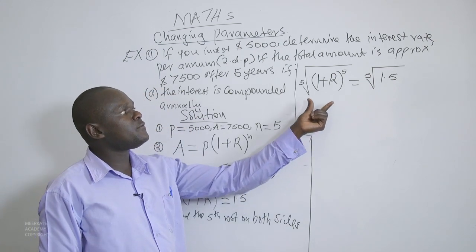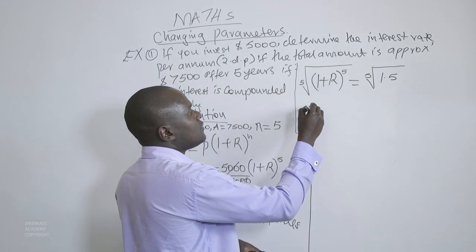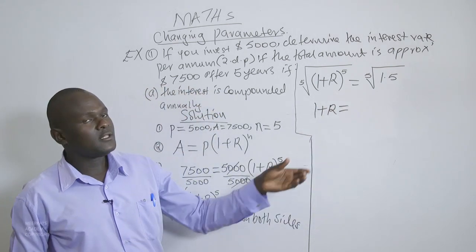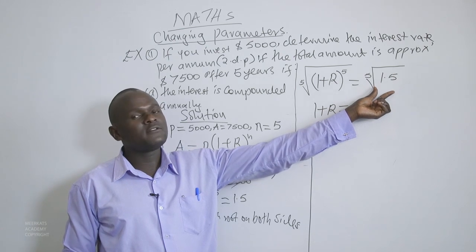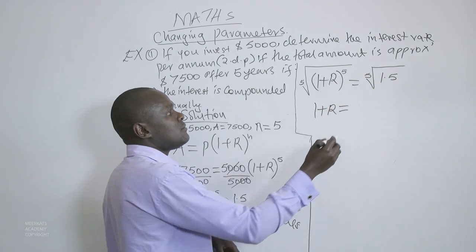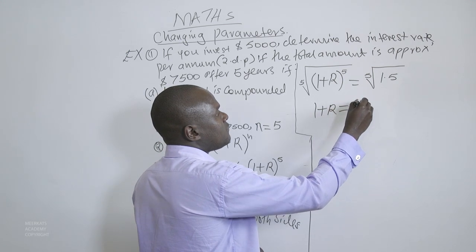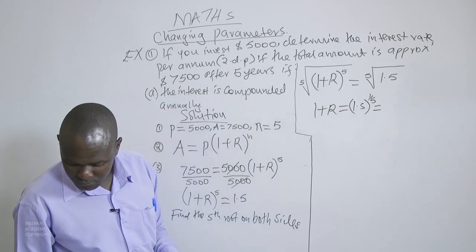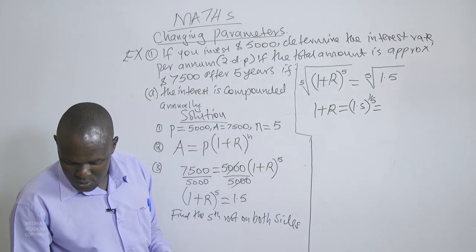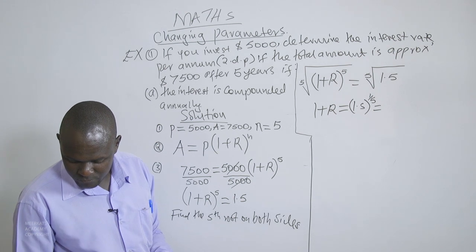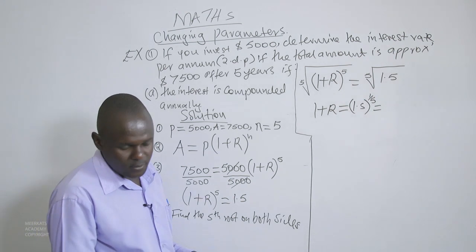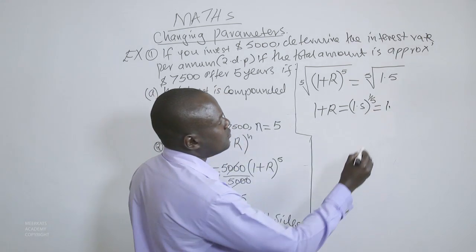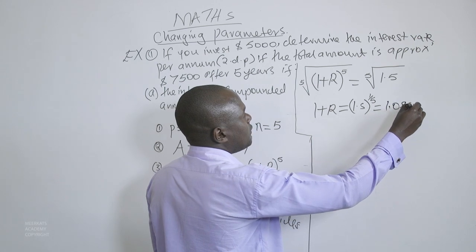So if you find the fifth root on the left hand side, this will give us 1 plus r. And if you find the fifth root using your calculator on the right hand side, this is the same as 1.5 raised to power a fifth, and this will give us 1.0845.